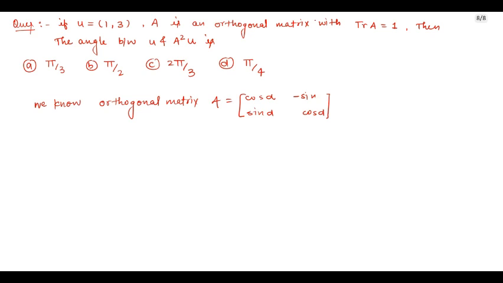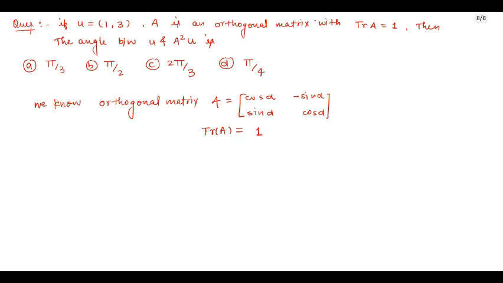Yes, sir. So how many matrices do you get? Infinite matrices. So this is the general form. Every such matrix is of this form with some alpha, right? So what is the trace of A? Two cos alpha.